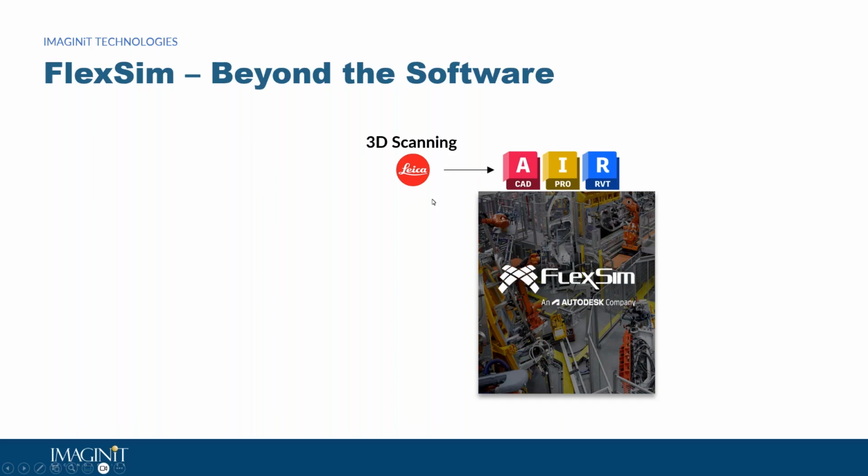But then there's also the ability to bring in files from 3D scanning tools like Leica, where you can scan an operation, convert it to AutoCAD and Inventor, and then bring that directly into FlexSim. And I was at a facility 2 weeks ago where we did that with a backpack scanner, where we walked the production line and then had that 3D layout of that operation that we could then leverage within a model.